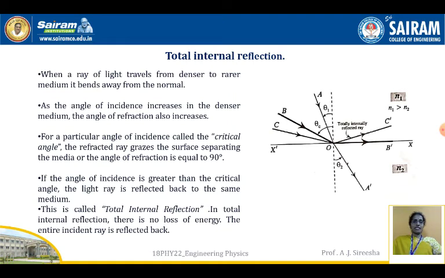So here C is the incident ray and C dash is the reflected ray because it is totally internally reflected, as the angle of incidence is greater than the critical angle. So it is not entering another medium, it is reflecting back in the same medium, that is N1, which is nothing but a denser medium. This phenomenon is called total internal reflection.